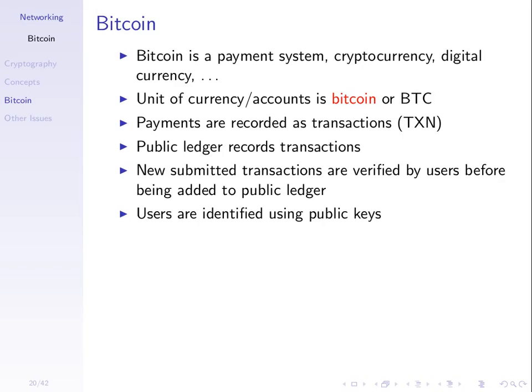It's not necessarily everyone immediately, but you think of everyone else who's running the Bitcoin software. I distribute to everyone, and everyone else verifies and checks: is this transaction allowed? Is it accepted or rejected? And if it's accepted, it's added to this public ledger. It's added to the list of trusted transactions.